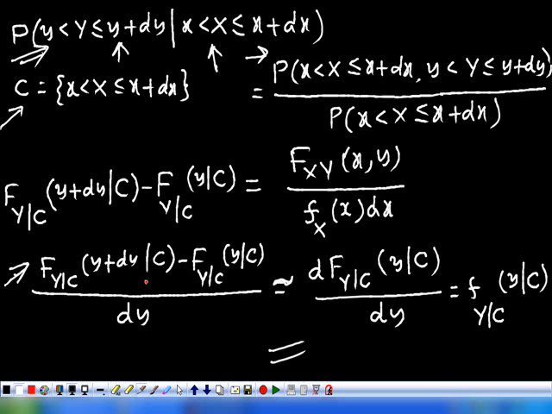Can I equate this numerator and this? Can I equate those two? Follow this. Otherwise, this probability can be written as this into this. Is it right?